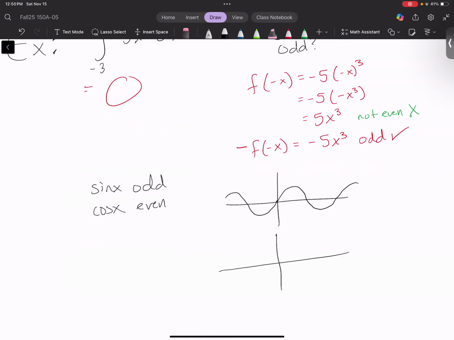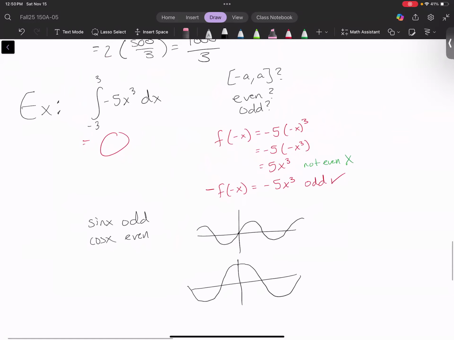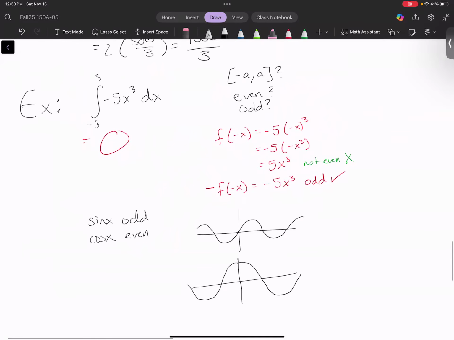With cosine, it looks like this. Hopefully you can see it's a mirror reflection across the y-axis. That's an even function. So that will definitely help you. This tool is one of those things where if you remember it and you see it, it'll help you every once in a while and make things go way quicker.